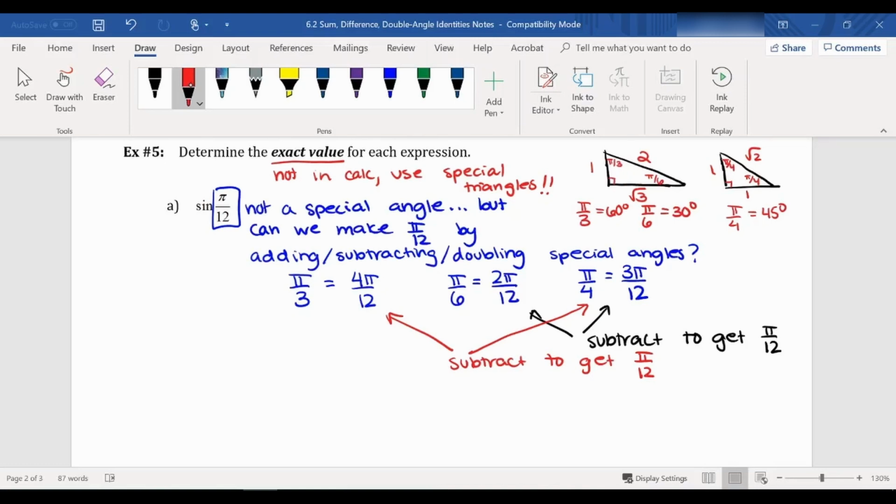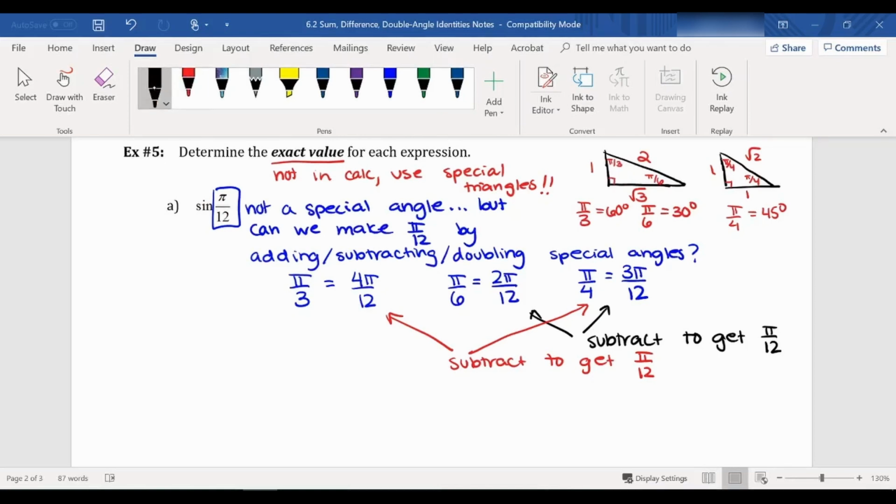So what that means is there are two solutions to the question. Again, I've shown one of those solutions in the PDF answer key online. I've used the ones in red here, the 4 pi over 12 and the 3 pi over 12. I've shown that version online. So I'm going to do the other version here.